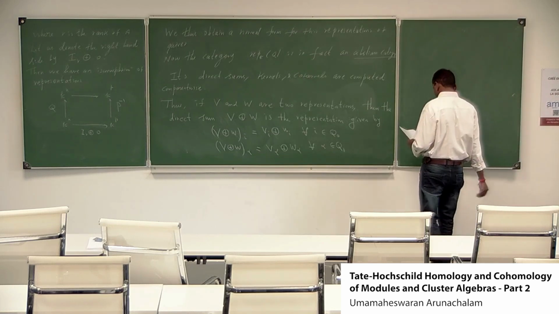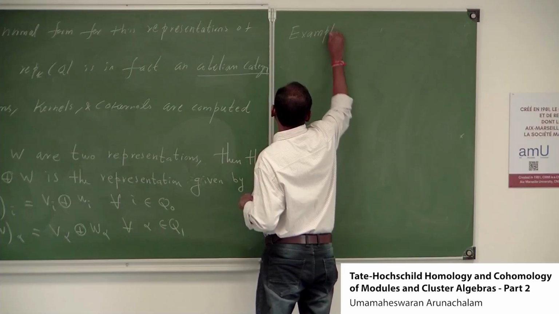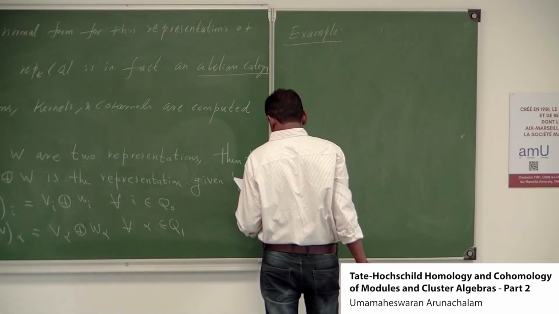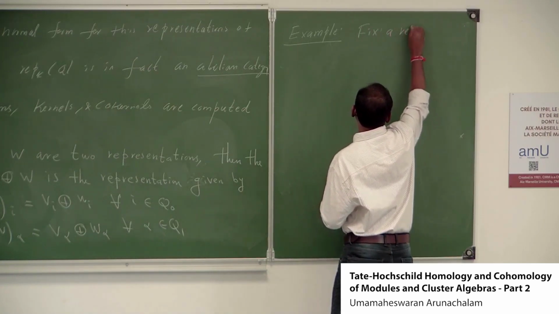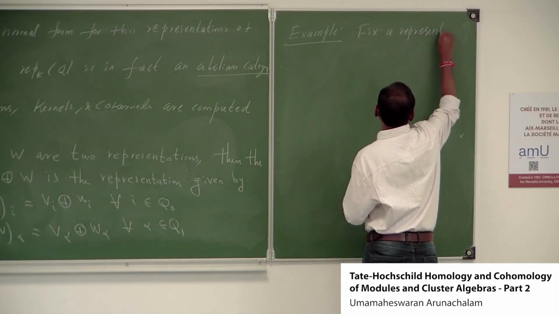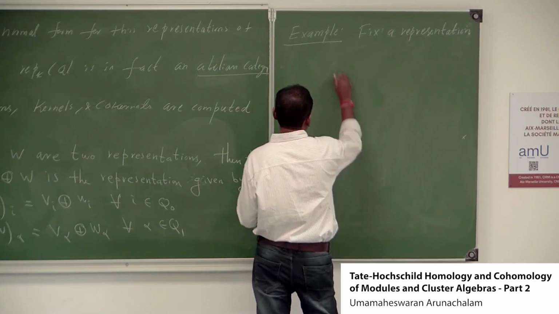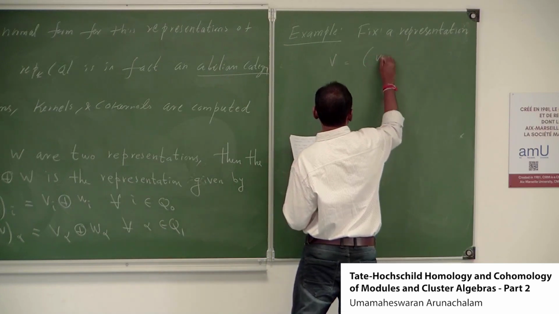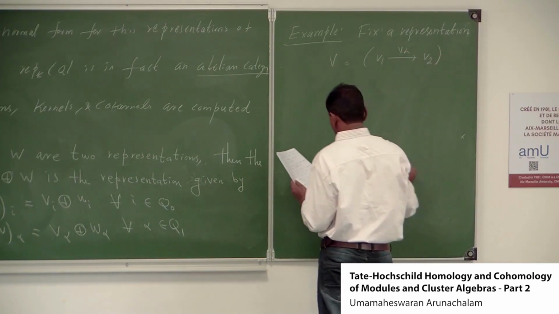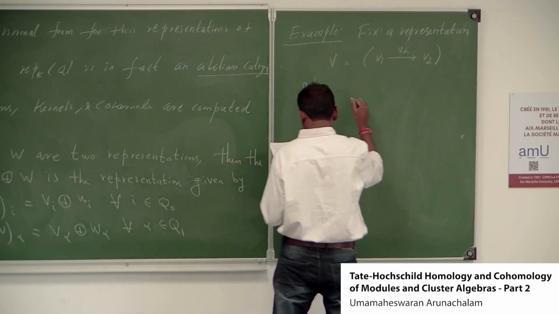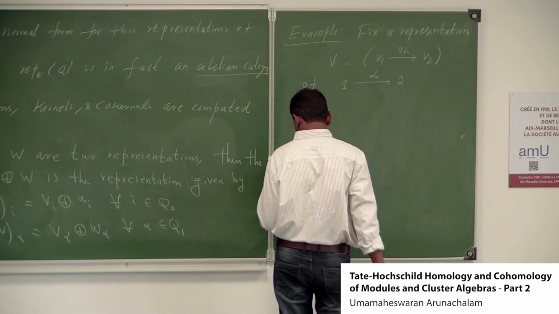So for example, fix a representation V, which is actually V1 to V2. Here V alpha is a map from V1 to V2, with alpha mapping from 1 to 2.